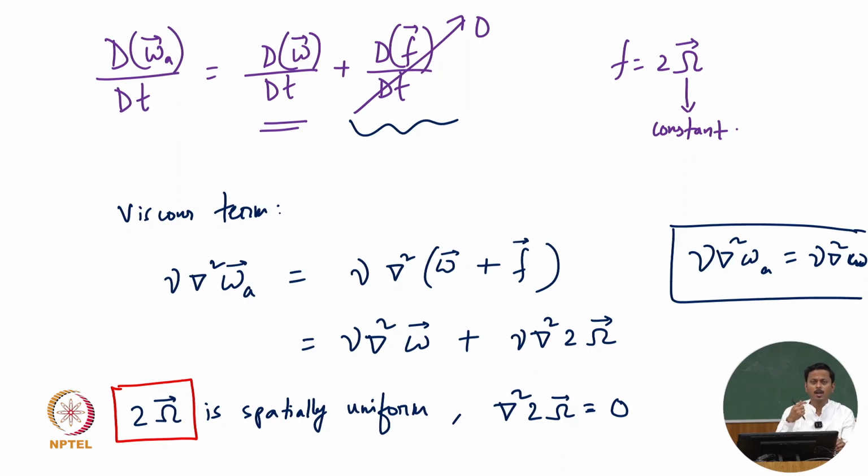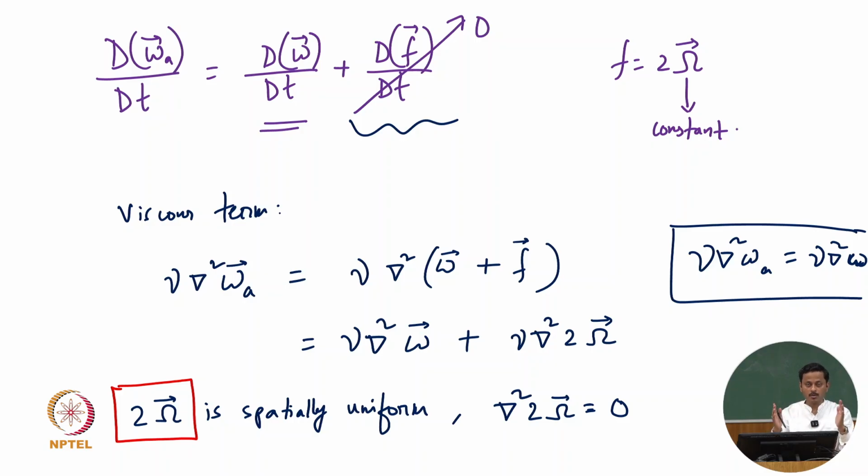Viscosity only damps out the relative differences. If there is a solid body rotation and everything is rotating at a constant omega, with no difference in the vertical direction or any other direction, then viscosity has no way to act because there is no gradient.